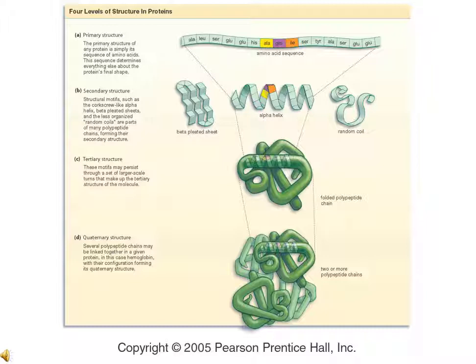There are several secondary structures, as you can see: beta, alpha helix, random coil. I'm not asking you to memorize those because the important thing is to understand how you go from a primary structure to a secondary structure, and finally the folding goes into a tertiary structure. Now, in a tertiary structure, what the polypeptides have done is form a three-dimensional structure.